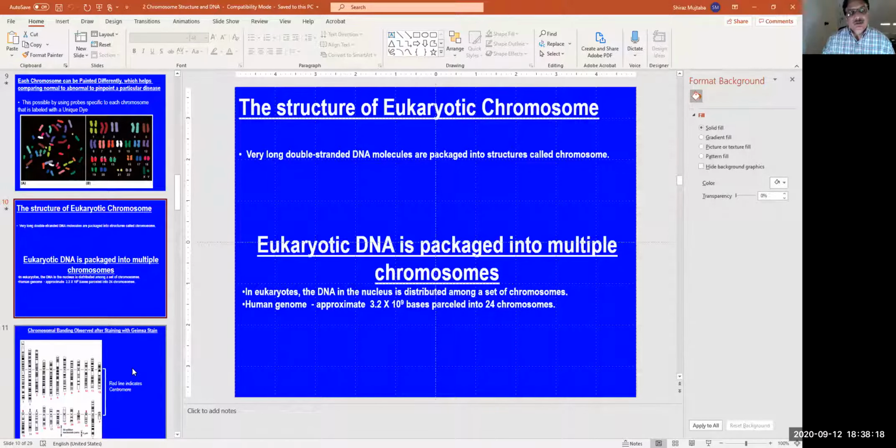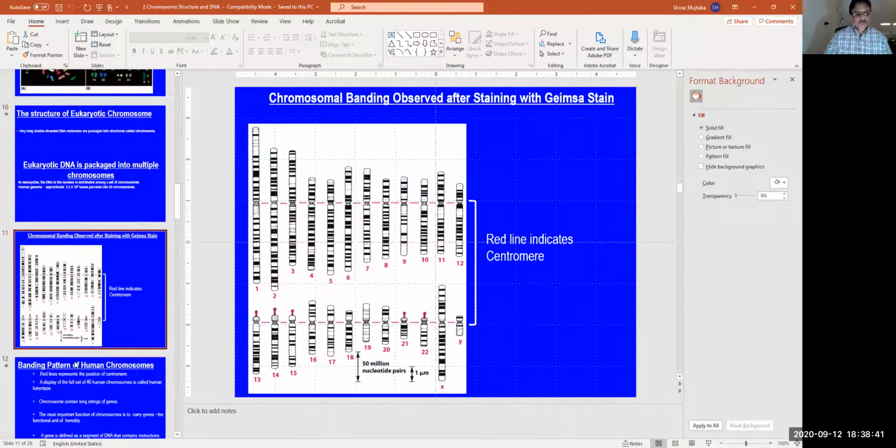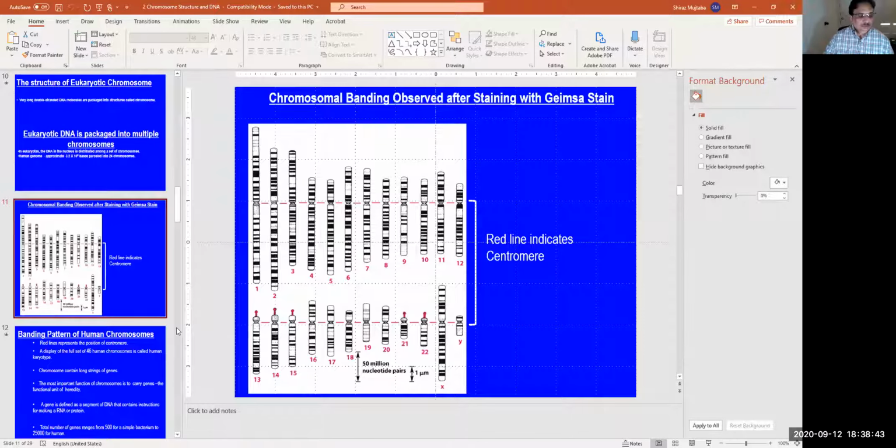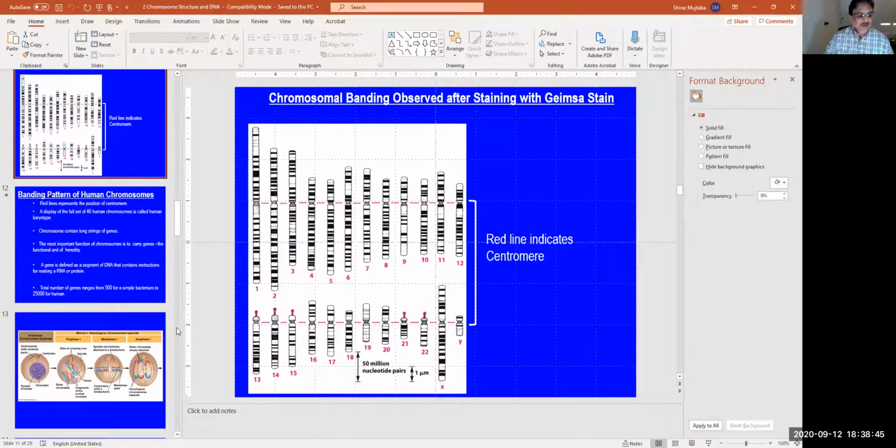Packaging means it has been shortened with the help of proteins. So a chromosome doesn't contain only DNA. A chromosome is a complex of DNA and proteins, where a long length of DNA has been packaged and super packaged. So chromosomes are also banded.